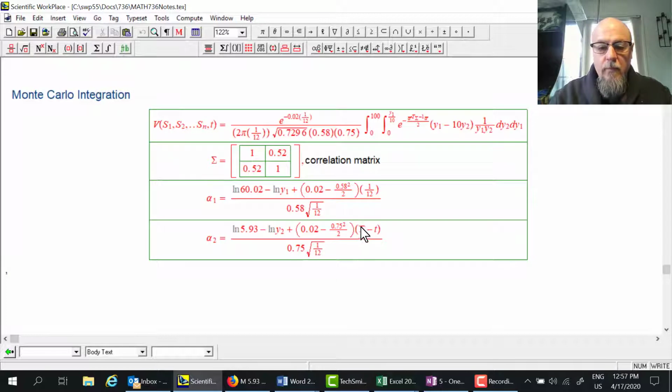And, oh, I've got to put a 12th in here, right? And now that's all numbers except for the y2. I need the inverse of this correlation matrix.